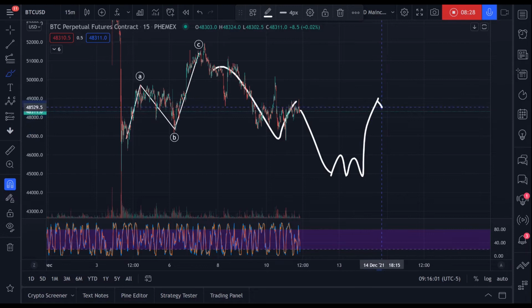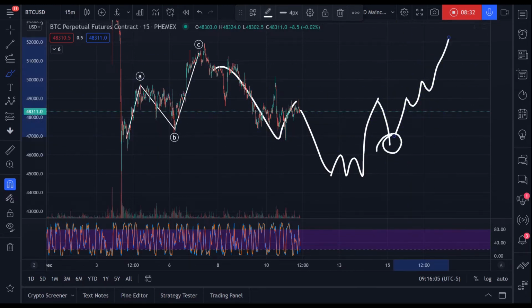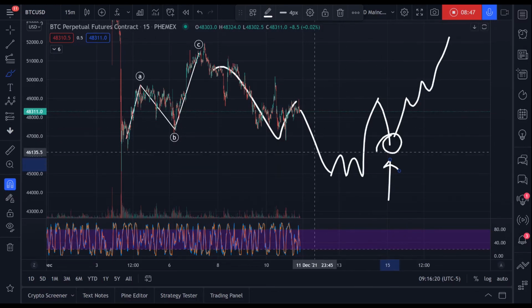You let it do the C wave, and you buy on the pullback. So that's what I will be looking to do, buying on the pullback of the C wave, which is essentially the one wave pullback of the C wave.